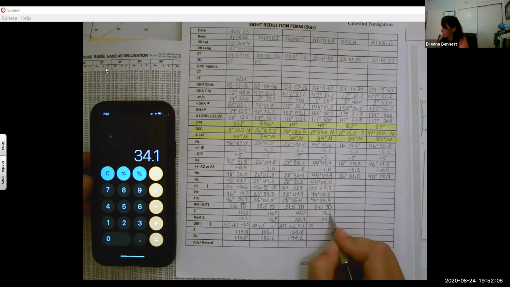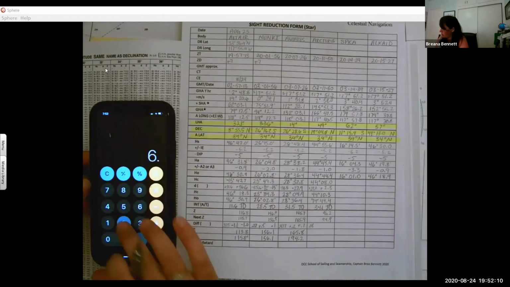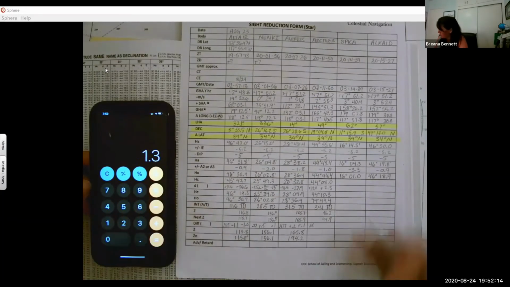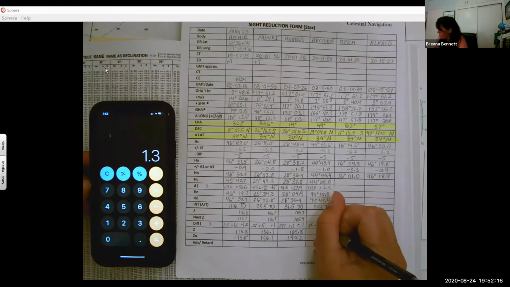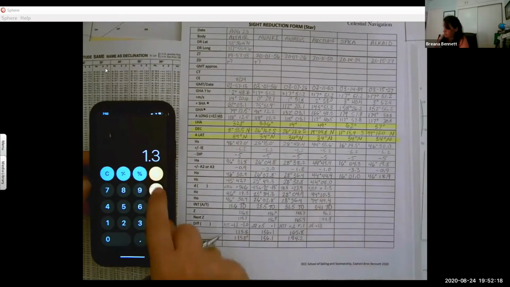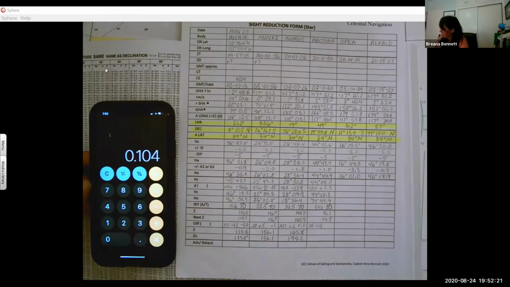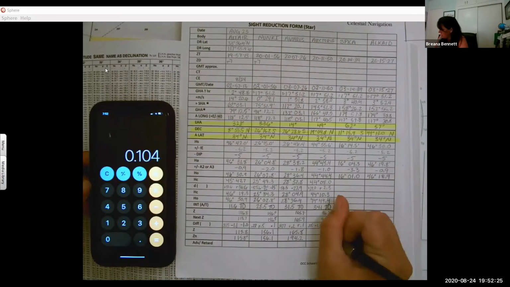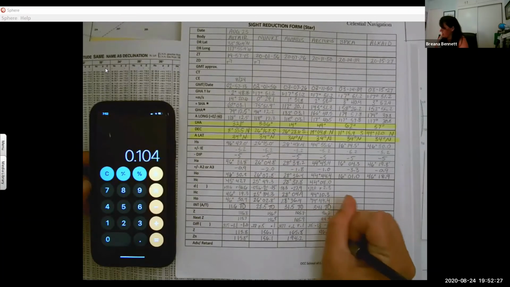Okay, our differences between these: we have 6.2 minus 4.9. We are subtracting 1.3 times 0.08, which gives us a subtraction of 0.1. So we have 96.1.